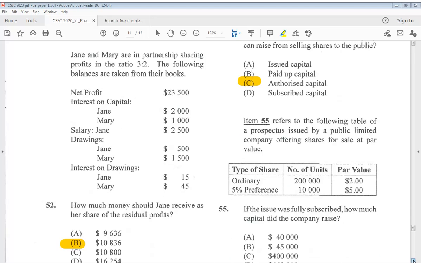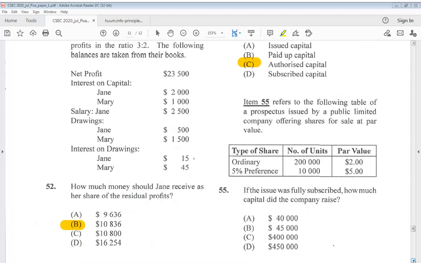55. Item 55 refers to the following table of a prospectus issued by a public limited company offering shares for sale at par value. So types of share, number of units, and the par value. So we have ordinary, 5% preference, number of units, 200,000 and 10,000.